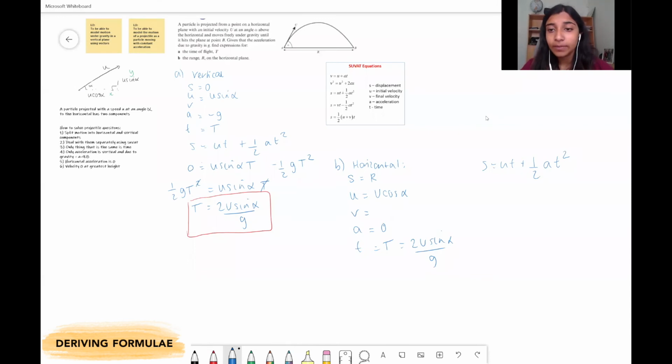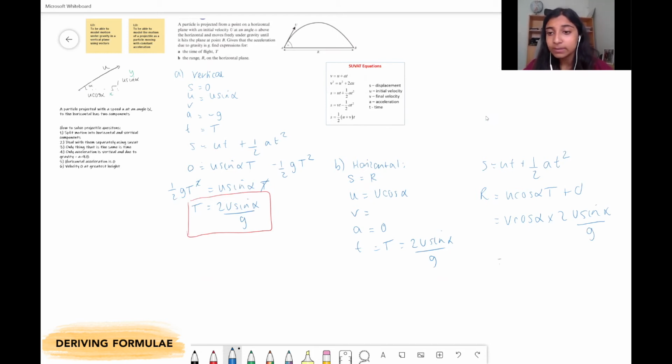So if we plug our values in, we would get our range is equal to u cos alpha times t plus just 0. So if we plug in our t value, that's just equal to u cos alpha times 2u sine alpha over g.